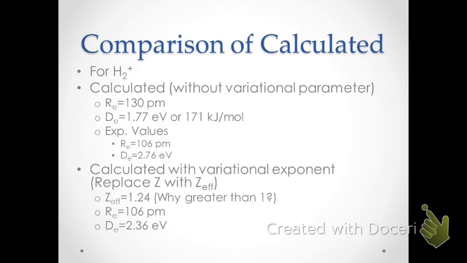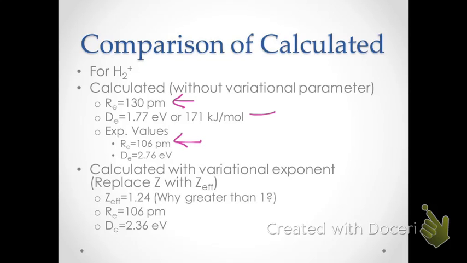Here are some results from the calculations for H2+, and again this is H2+ with only one electron, using the simple sum of the 1s orbitals. It gives us a bond length of 130 picometers, and this compares with the experimental value of 106, so it's quite far off.